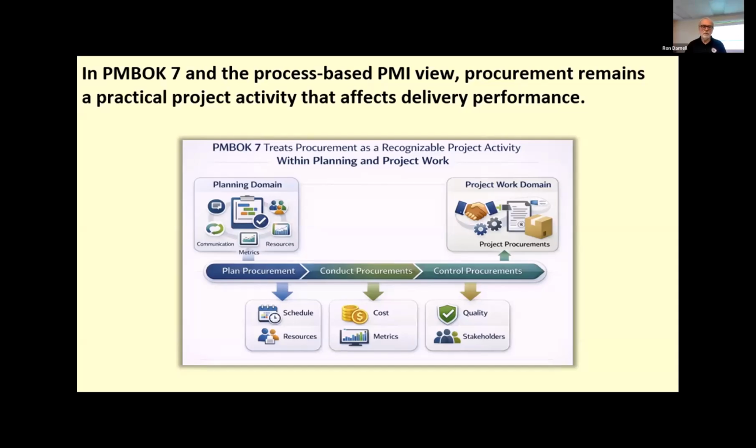It preserves the familiar process flow of plan procurement management, conduct procurements in executing, and control procurements as part of monitoring and controlling. The older process structure is still useful because it gives us a concrete way to understand how procurement activities unfold across the project lifecycle.